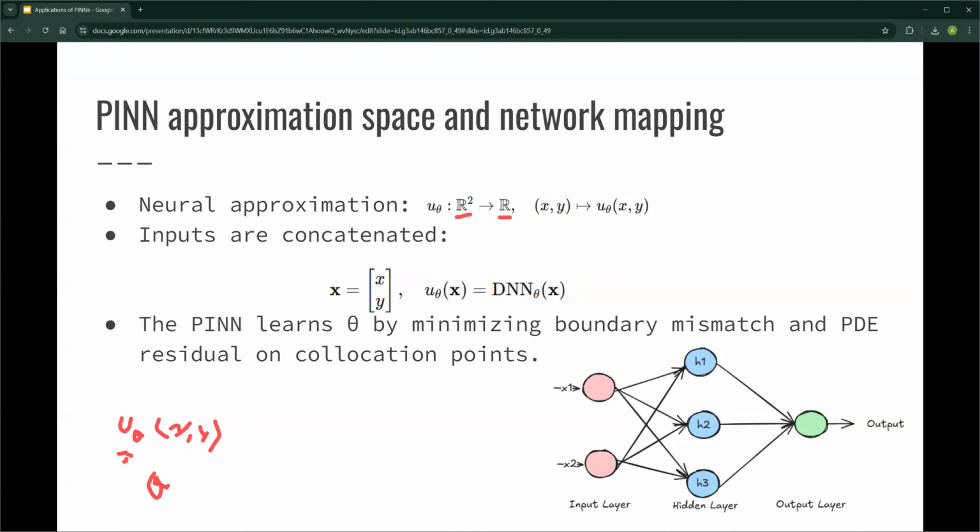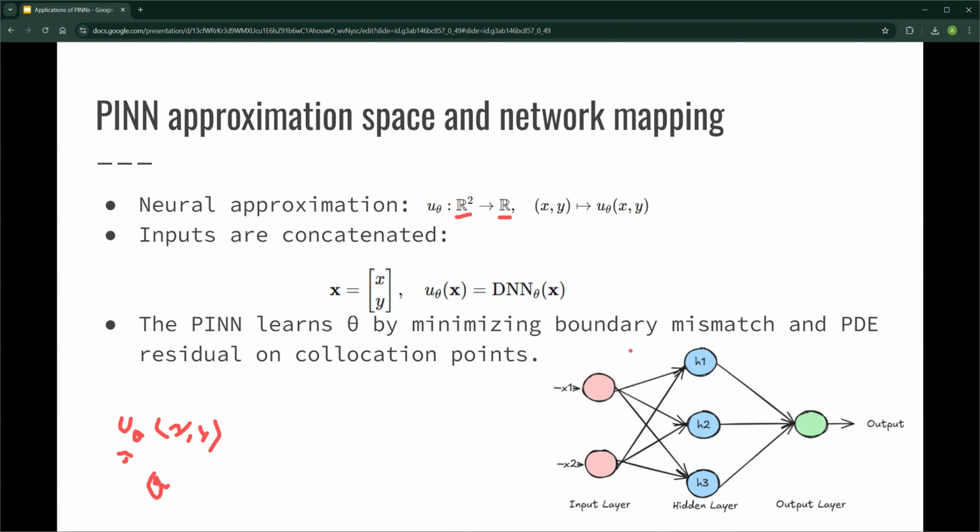And instead of using labeled pairs, we train the weights delta by minimizing how much u sub delta violates the PDE and boundary conditions.